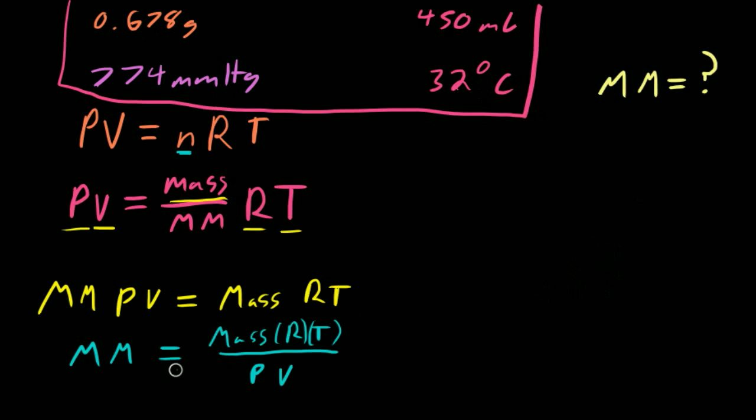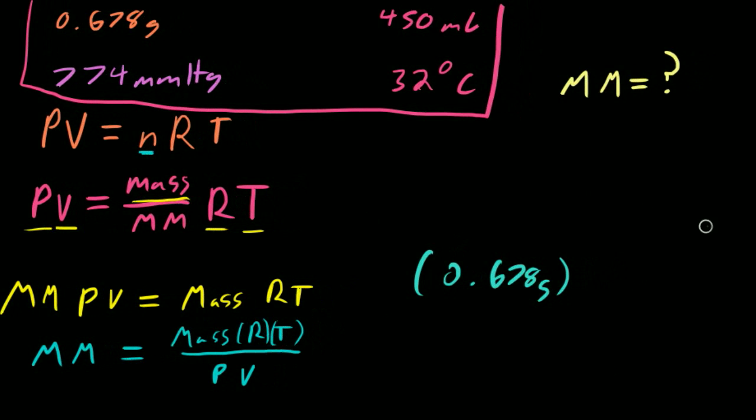And so we're solving for the molar mass. So let's first put in our mass. Our mass is going to be 0.678 grams. And we're multiplying that by our ideal gas constant R, which, if you remember, is 0.08206.